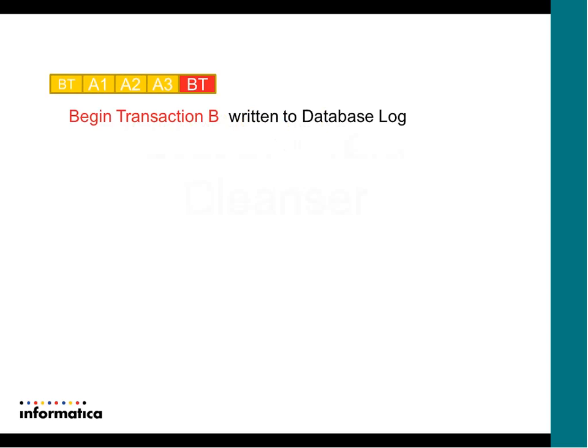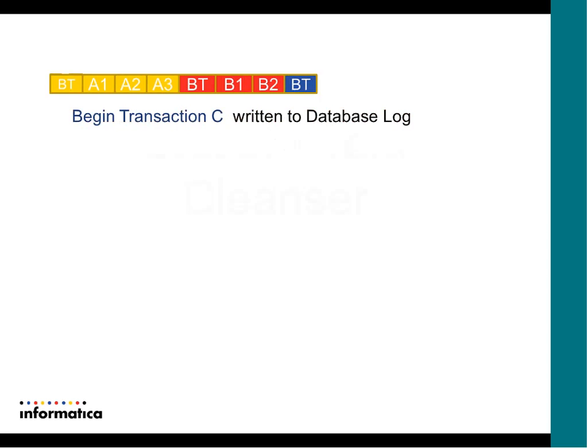And then the next thing we see on this database log is a begin transaction for another transaction, because as transactions occur in the real world, they overlap, and so the changes that are made and recorded on the database log are written sequentially, but they're intermixed by transaction. In this case, we have multiple records and then another begin transaction for a third transaction.